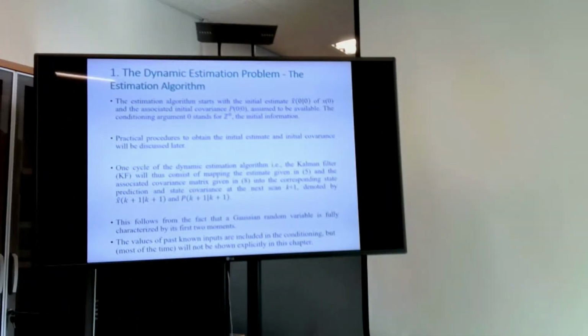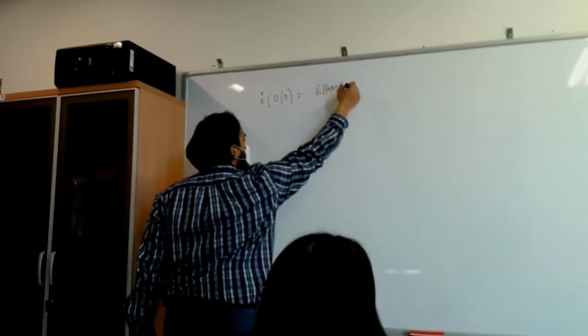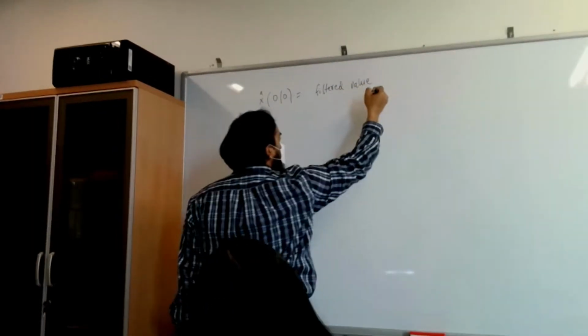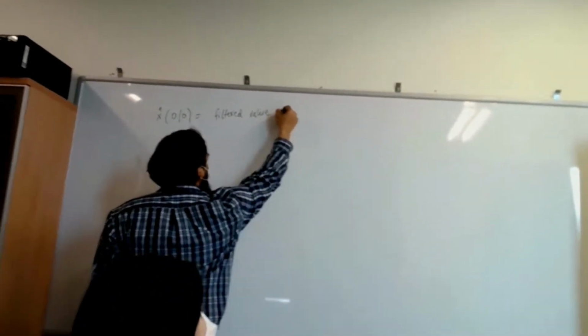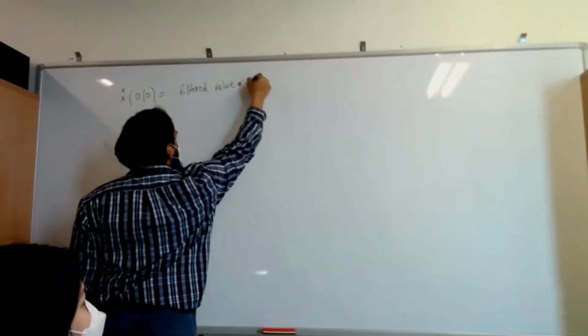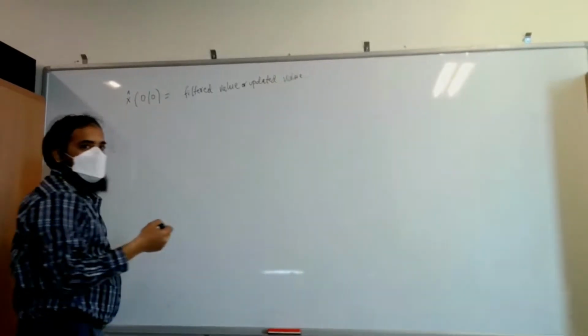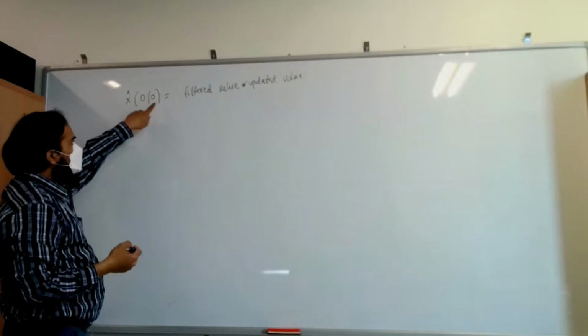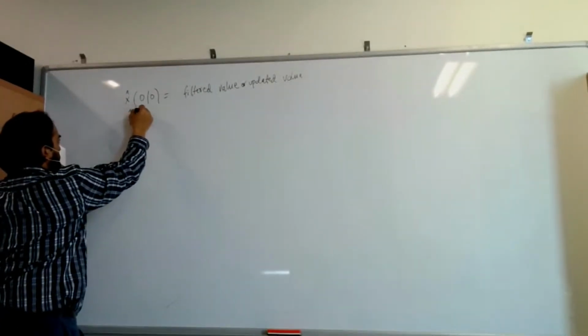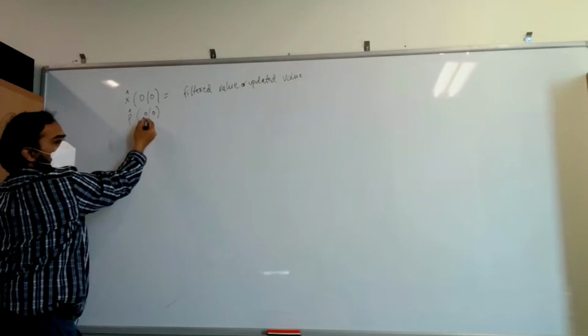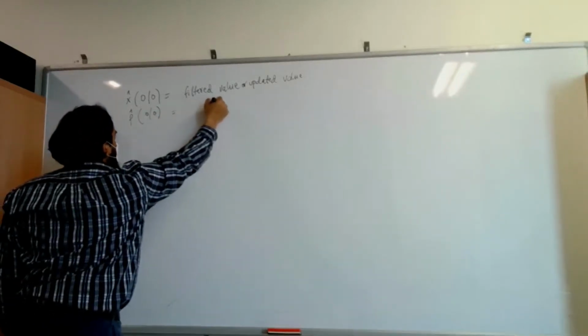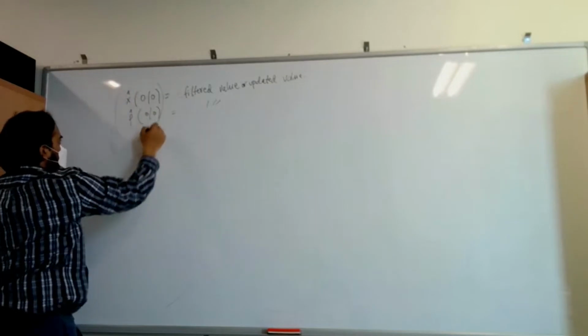Again, this is the filtered or updated value. It is usually assumed to be available, and at the same time the covariance of this vector is 0, because this is the initial value.